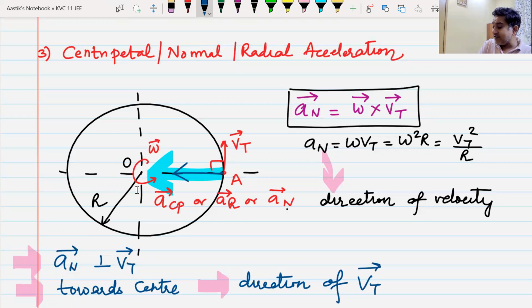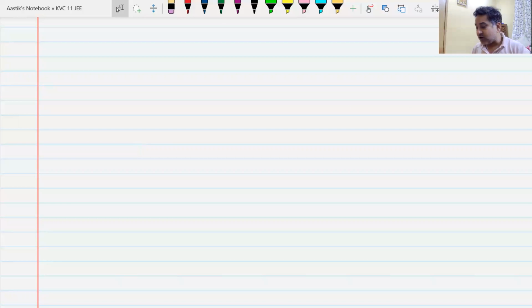Now we know tangential acceleration. Now we know normal or centripetal acceleration. We also know angular acceleration. What about the acceleration that we had heard about? Where has that acceleration gone? That acceleration is still there.